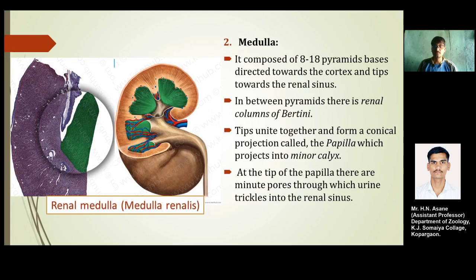At the tip of the papilla there are minute pores through which the urine trickles into the renal sinus, and the renal sinus opens into the ureter, as I said, and the urine will be collected into the urinary sac.